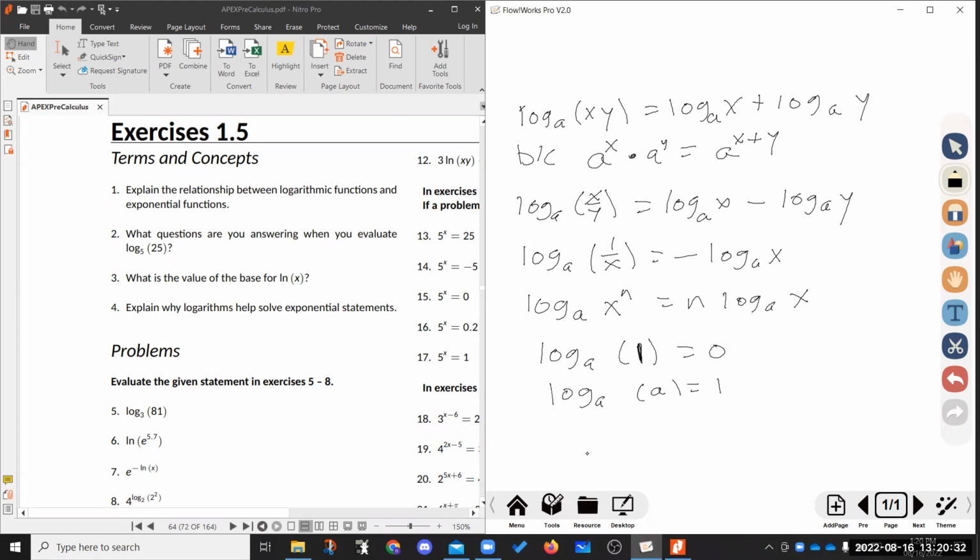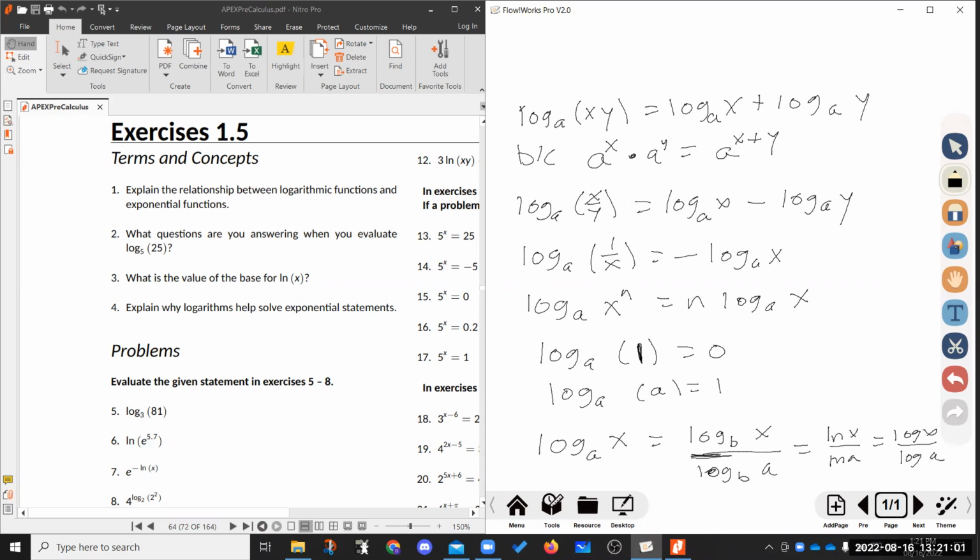And we have a change of base formula here, that if we want to change log base a of x into log base b, it's going to happen by this formula, which we're usually going to use to change it into either natural log or common log, because those can be entered in on our calculator.